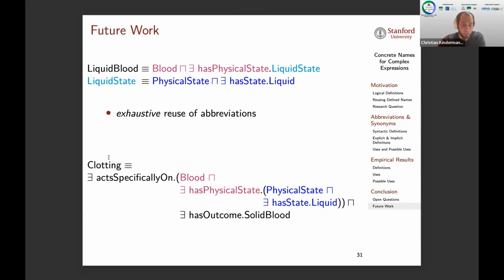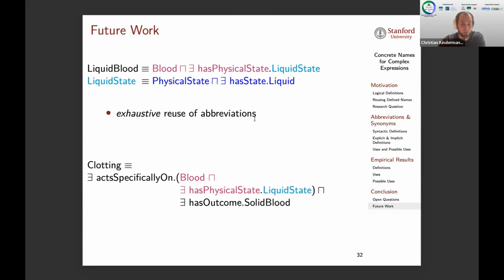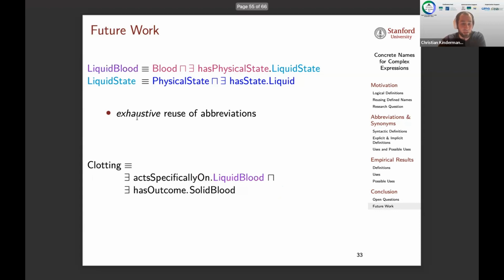So let's just do that. So we have the concept clotting that we define in terms of this large complex expression. And we see that we can replace the physical state with the liquid state here. And if we do that, this then gives rise to another potential use of this expression liquid blood. And we can do that too. And suddenly the definition of clotting becomes quite neat, I would say.